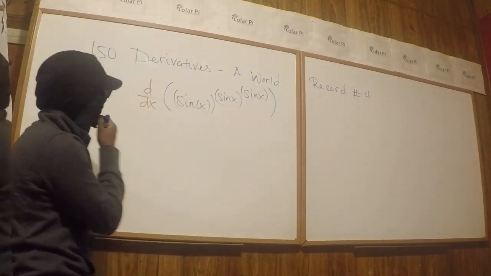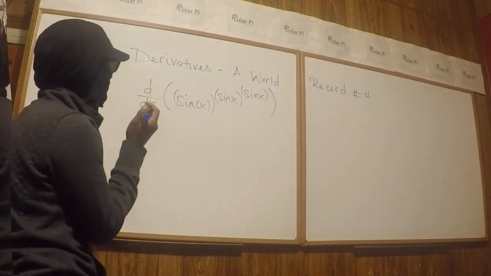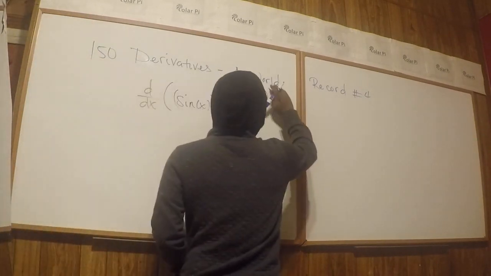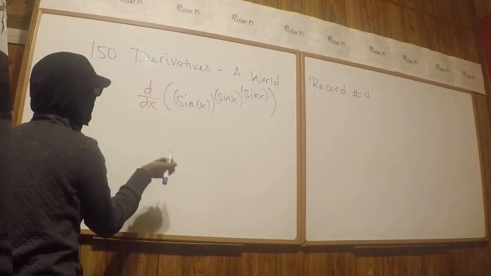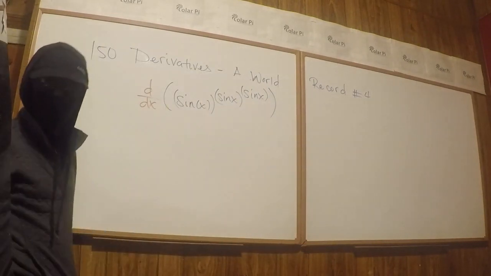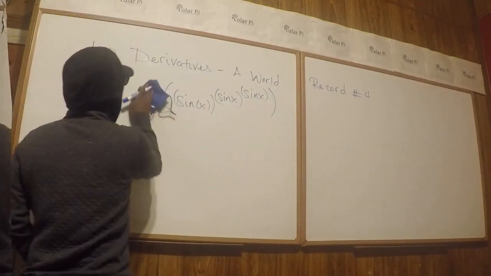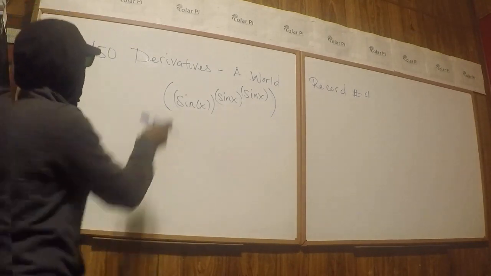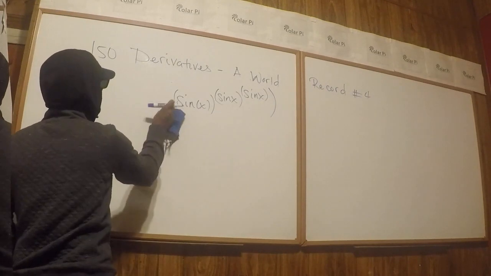So what we're going to do is this. We're going to say this is y. I don't want to rewrite it. What we want to do is take the derivative, so I'll erase this, and I don't need the parentheses anymore.